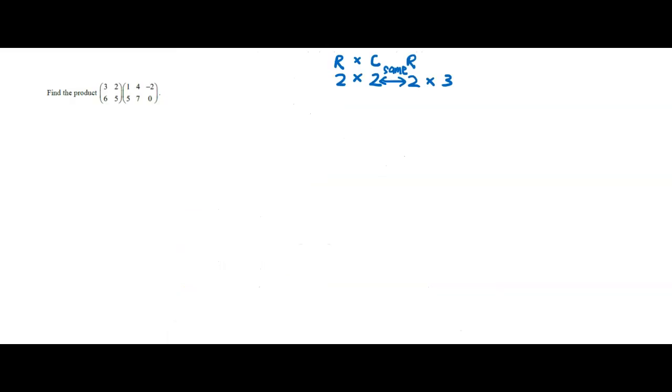When we have decided that this matrix multiplication can be performed, we proceed to understand the resulting matrix order. That is taken from this and this, so the resulting matrix should have 2 by 3 as its order.